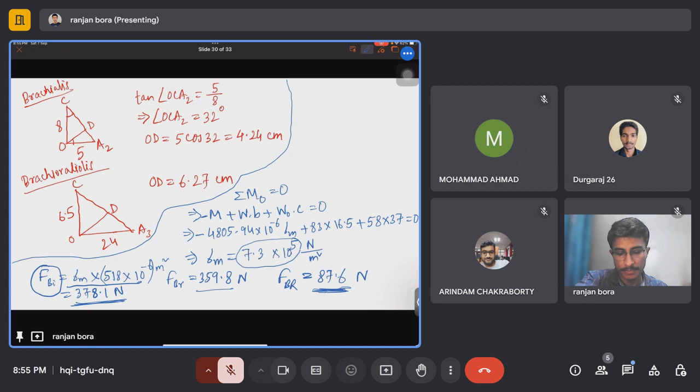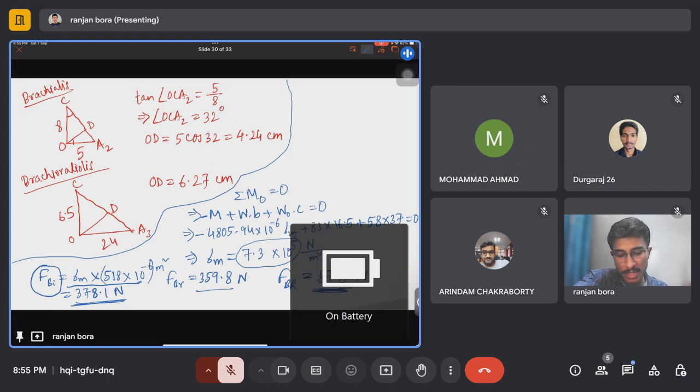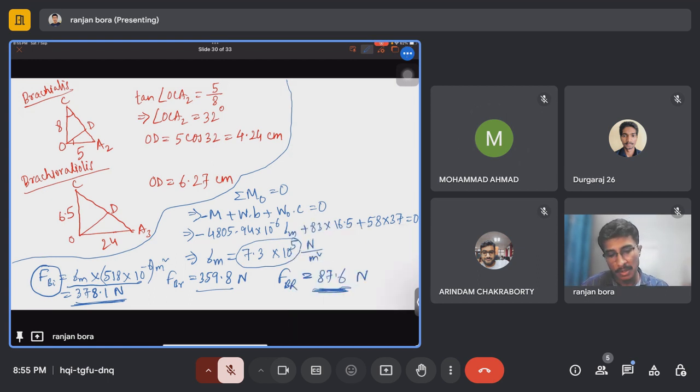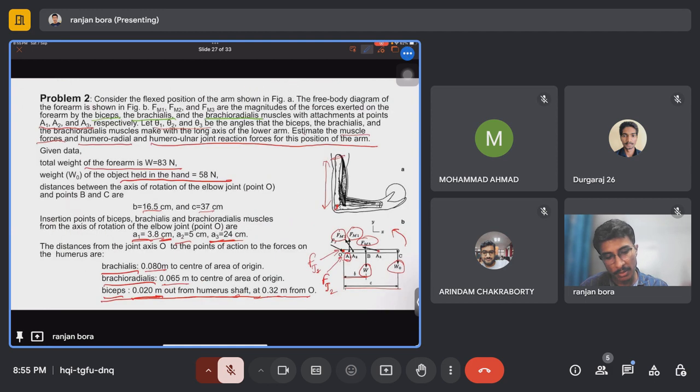Okay. So after knowing the muscle forces, we have calculated the first part of the problem, the muscle forces. Now we need to calculate these reaction forces, humeroradial and humeroulnar joint reaction forces.